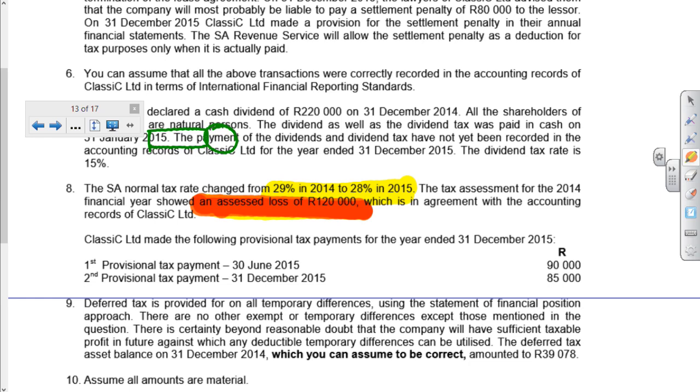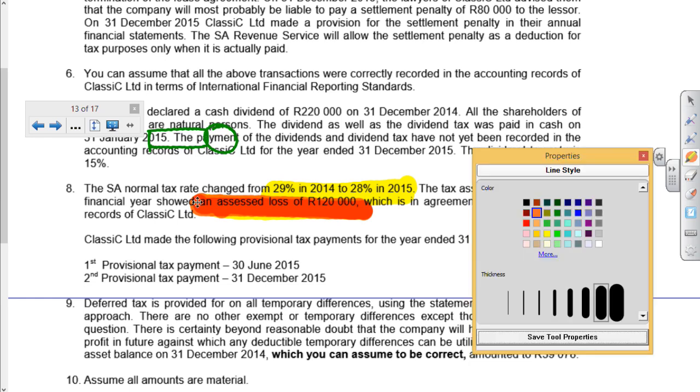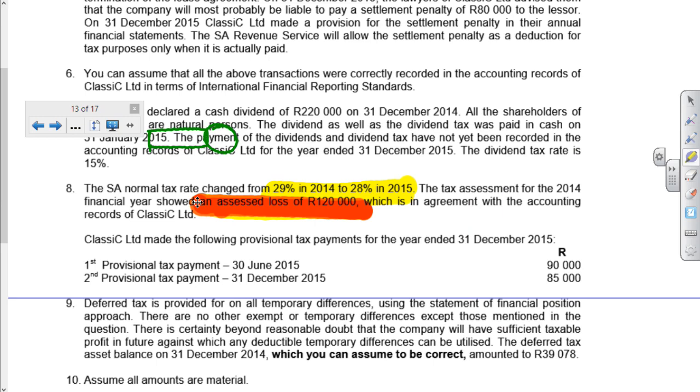And then if you look down at the bottom here, they also say that deferred tax is provided on all temporary differences using the statement of financial position approach. There is certainty beyond reasonable doubt that there will be profit in the future. So this is in case we land up with an asset, right, with the assessed loss. But the assessed loss we've already used, actually.